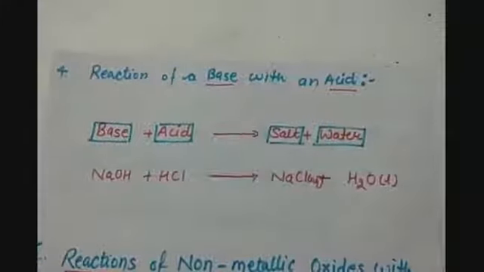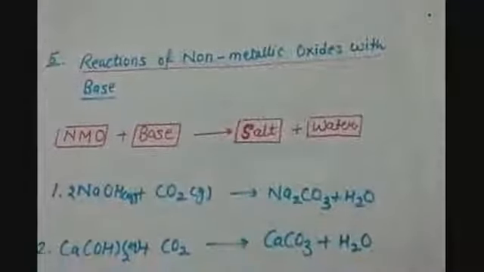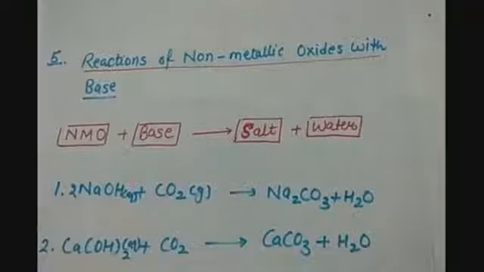The next reaction is the reaction of non-metallic oxides with bases. Metallic oxides are basic in nature, so they will not react with a base. That is why we do not have reactions of metal oxides with bases. And the same in the case of acids: non-metallic oxides are acidic in nature, and hence acidic oxides do not react with acids.